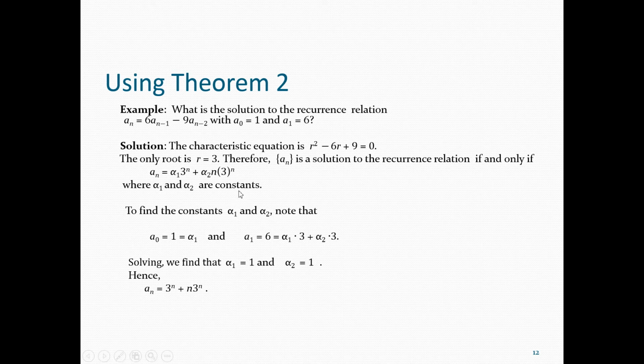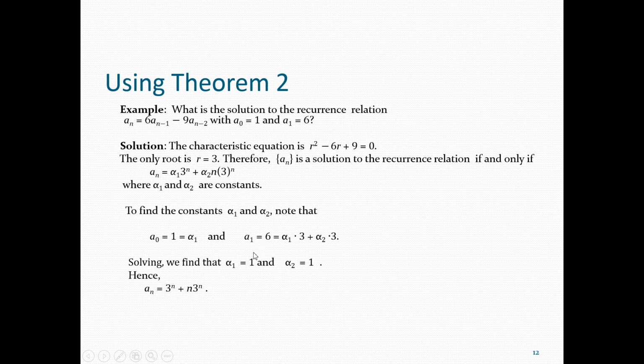But yes, it cannot be alpha 2, because n equal to 0 will make this term 0 as well. So alpha 1 is equal to 1, right? Pardon me, I actually said alpha 1 plus alpha 2, but it is alpha 1 equal to 1 because this term is going to be 0 when n is equal to 0.